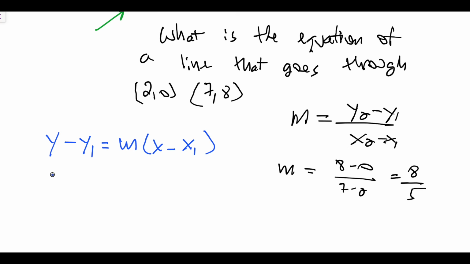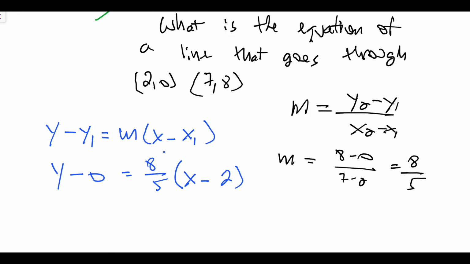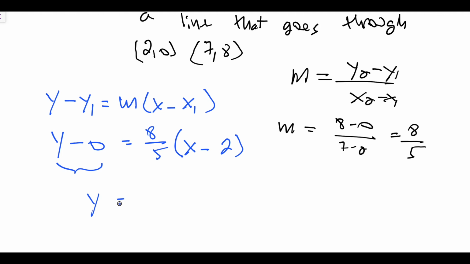You can do y minus 0 equals 8/5 times x minus 2. And this becomes just y equals 8/5 x minus 16/5. Good, across the top, across the bottom, so 16 over 5.